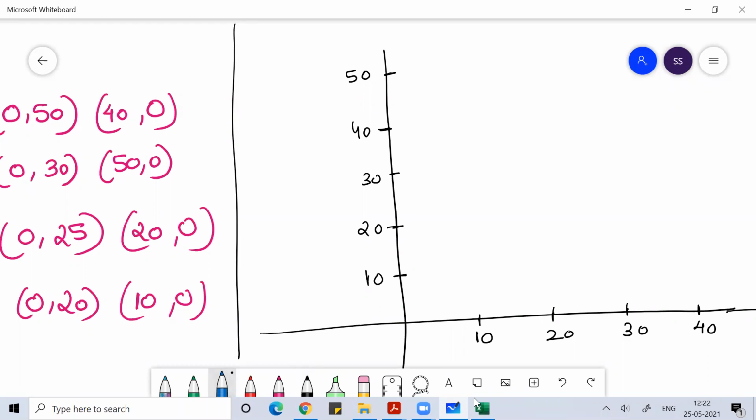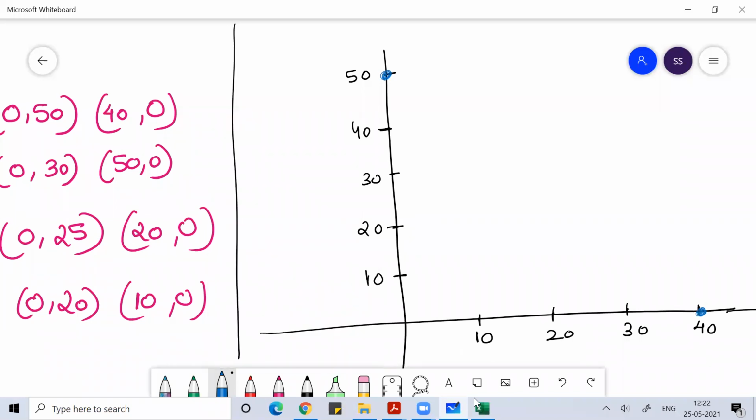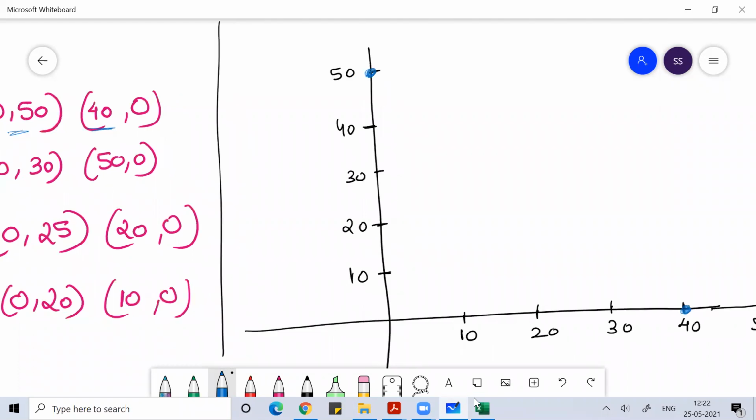So the points are 0, 50, and 40, 0. Okay, that would be 0, 50, 40, 0. You can understand. So that is the equation of the first line.